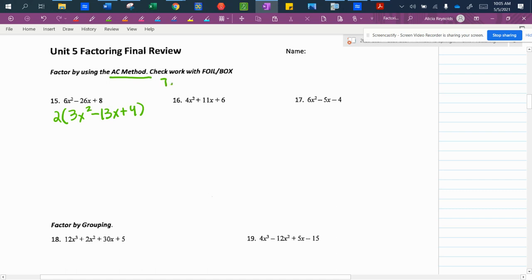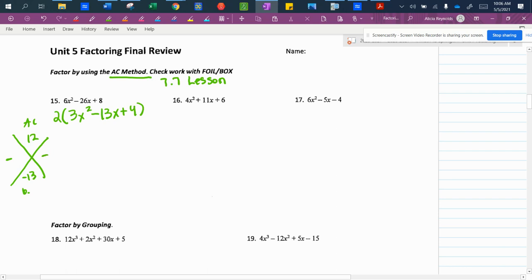So I would look at the 7.7 lesson to review that process if you need help with those steps. But it's still the same process. We're just adding an extra step with our grouping. So we have AC product is 12. My B term, which is still the term in the middle, is negative 13. The only way for me to get a positive product and a negative sum is if both my factors are negative.